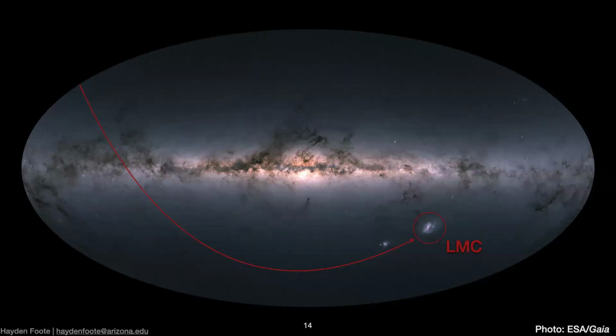How do you know its orbit? We have measurements of the position and the velocity of the LMC at present. There are many layers of complexity you can add. The simplest case is to assume a Milky Way potential and then integrate the LMC backwards in time based on its known location.